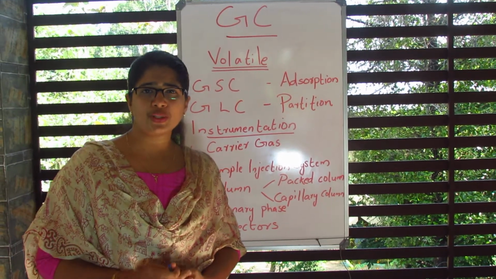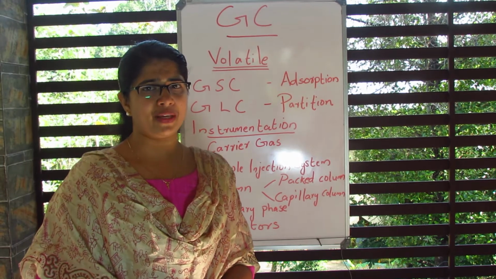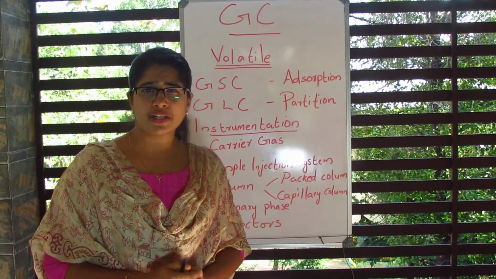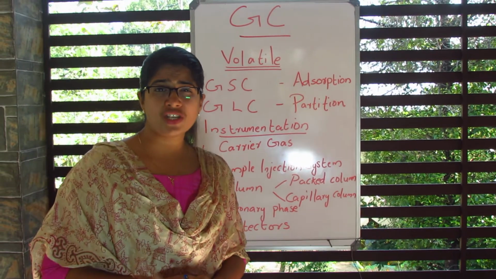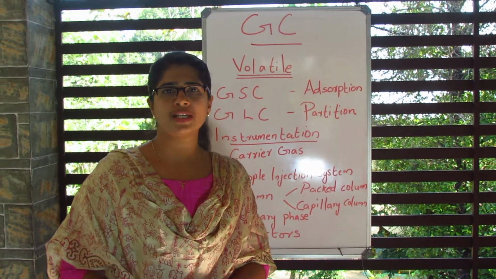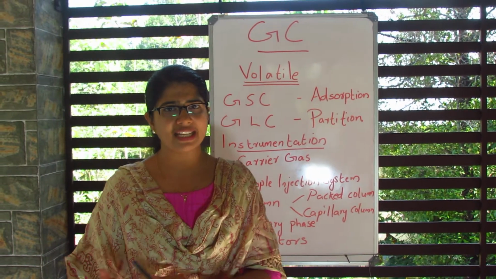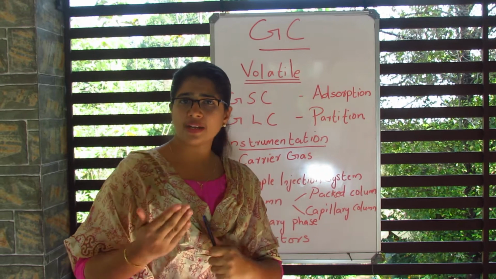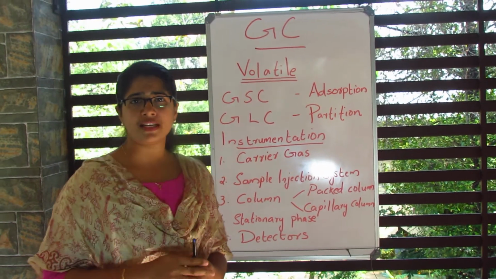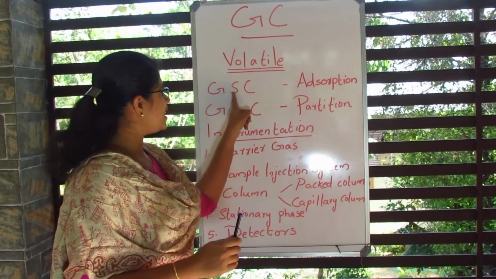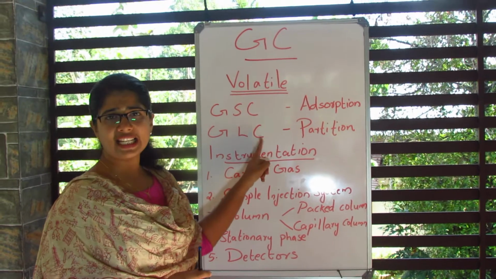Then we are moving to the principle of gas chromatography. The principle of gas chromatography involves the differential distribution of components between the mobile phase and the stationary phase. Here I already mentioned that there are two types of gas chromatographic technique, GSC and GLC.